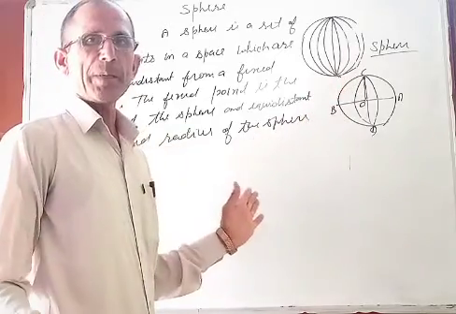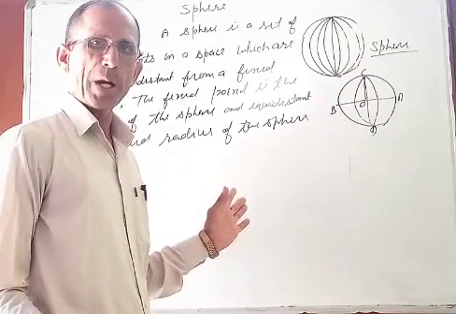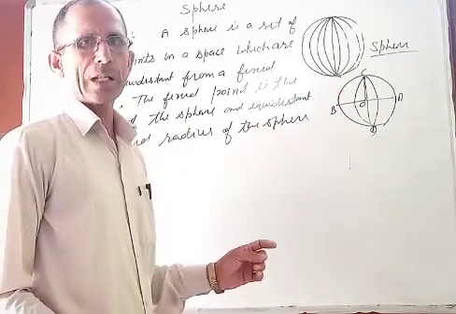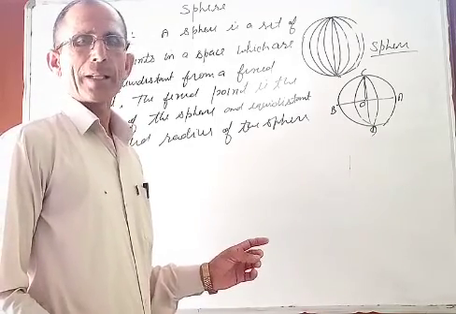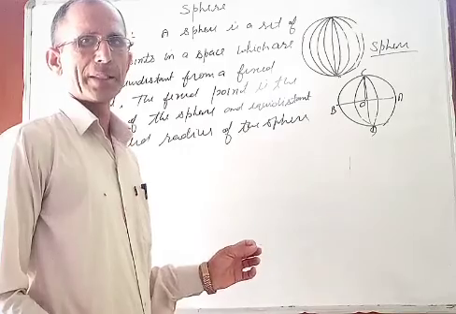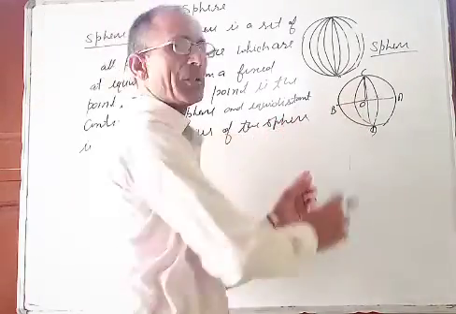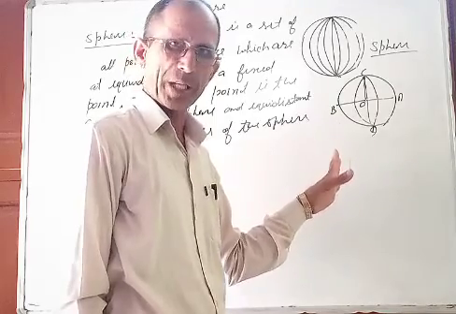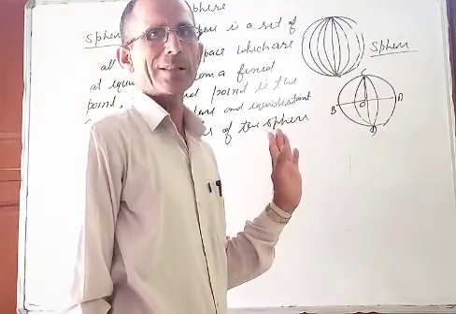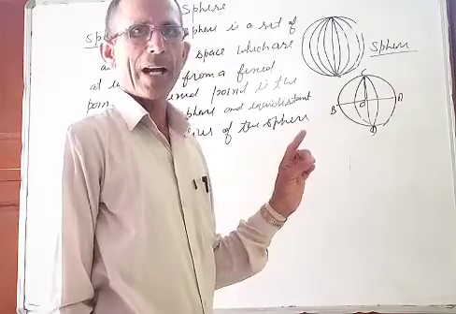The distance between 2 points on the circumference of the sphere which passes through the center is called a diameter.